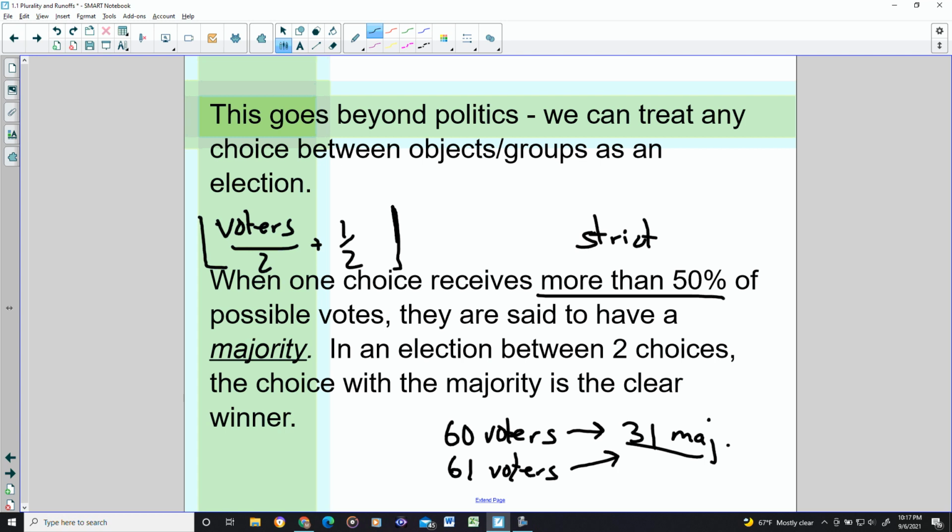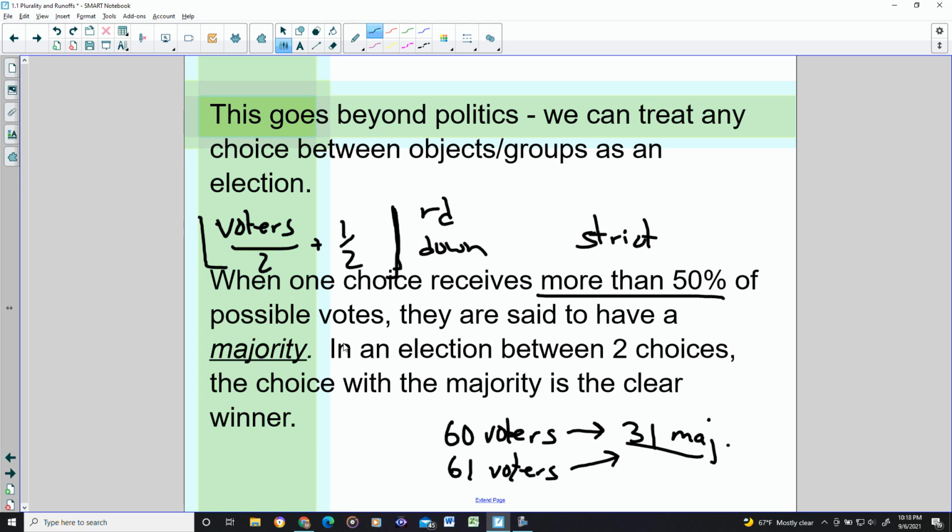These funky little symbols here mean round down. That always works. Conversely, you could take the number of voters, add 1, divide by 2, and then round the result down. And that works too. That's kind of above and beyond, but I just thought I'd share that piece of information.